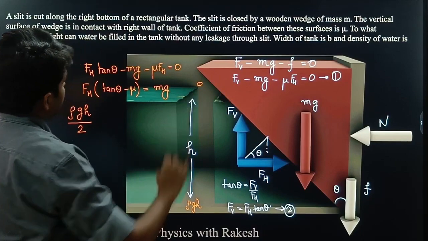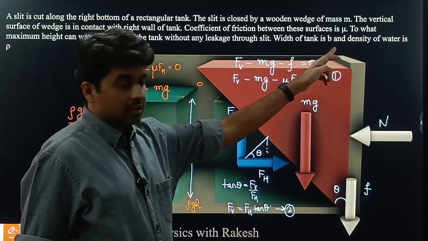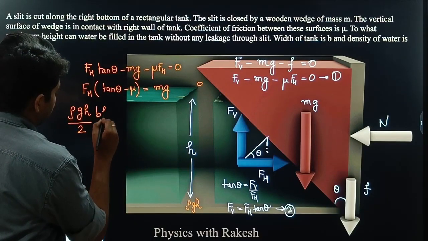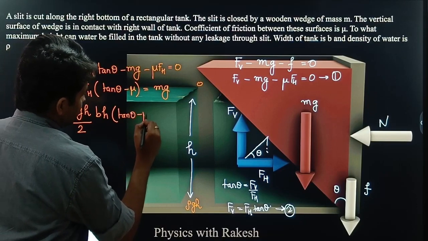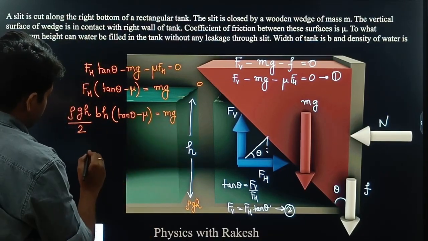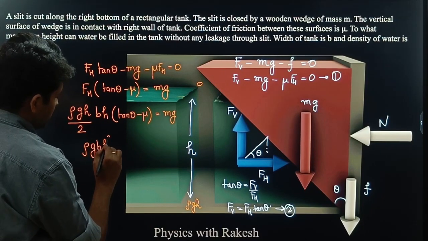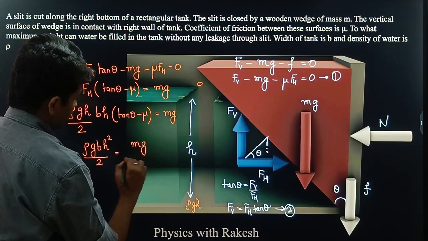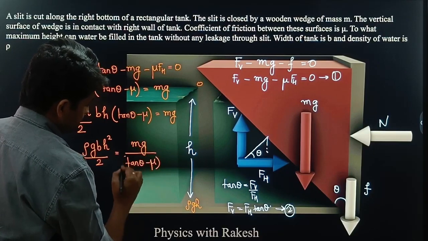Area is nothing but the width of the tank b, so b into h is the area, into tan theta minus mu equal to mg. So I can write this as rho g b h square by 2 equal to mg by tan theta minus mu.